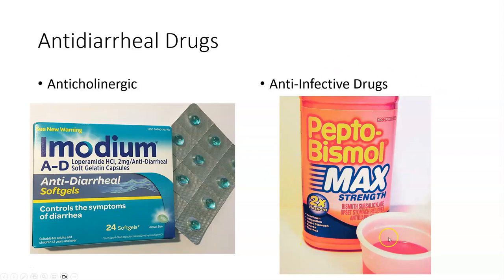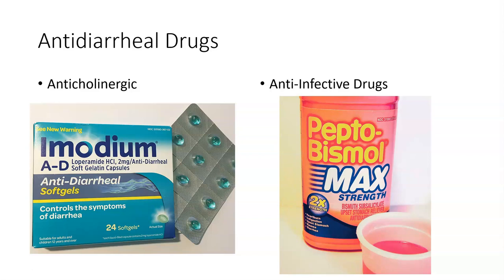This does not get absorbed mostly. It mostly will go out through your GI system. We do have to be concerned if somebody's allergic to aspirin because we've got salicylate here. So that might be just a little note that you need to be aware of. This is what's known as an adsorbent. Think like adhesive tape. It's going to stick to or cling to the infectious agent and help carry it out.